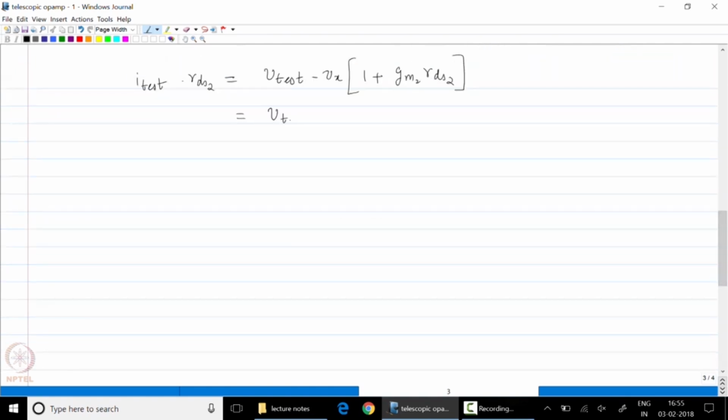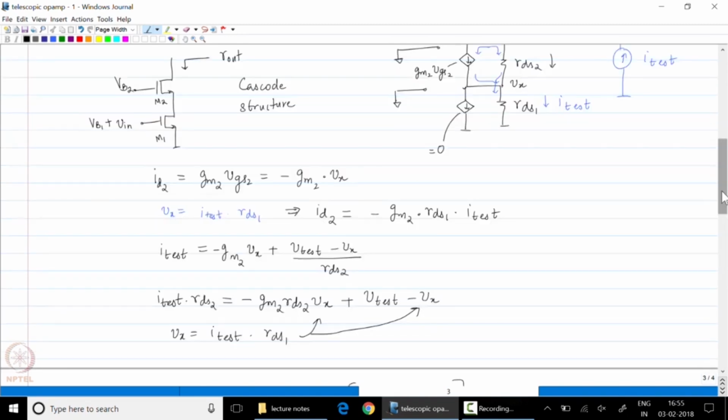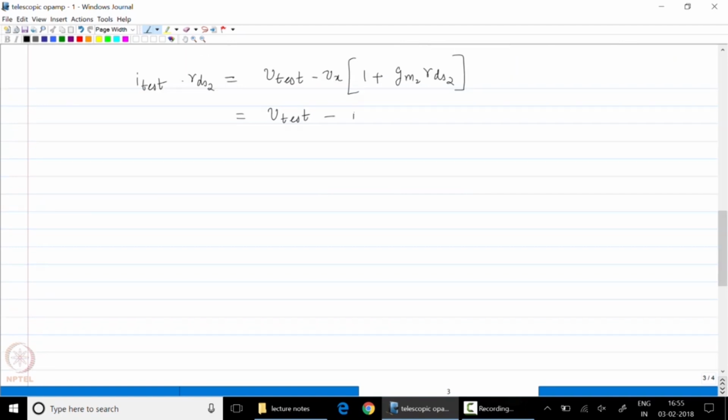And this is V test minus I test into RDS1 into 1 plus GM2 RDS2.